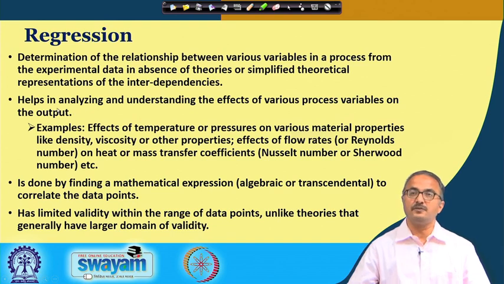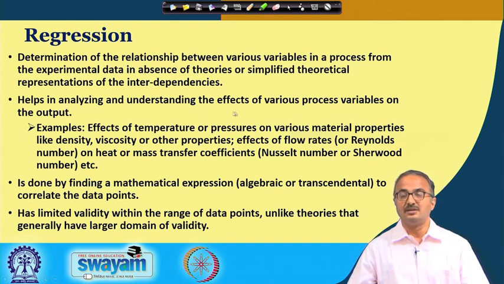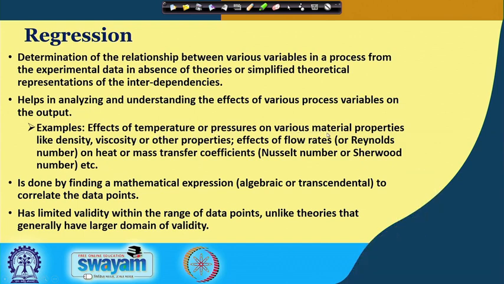So, in this way we find that regression helps us in analyzing and understanding the effects of the process variables easily. Examples are like, we want to know the effect of temperature or pressure on the various material properties like density, viscosity and other properties. In this case we do not need to always carry out the experiments, or go into the theoretical analysis.